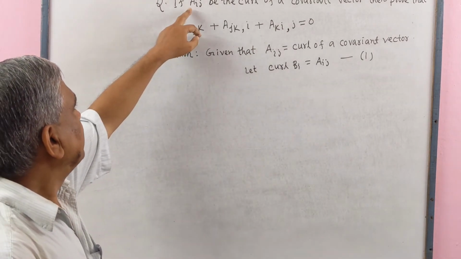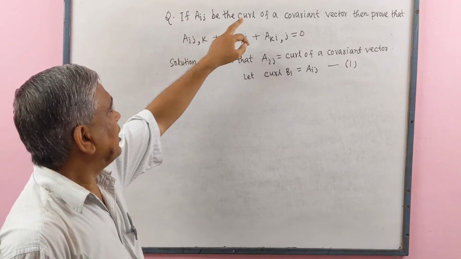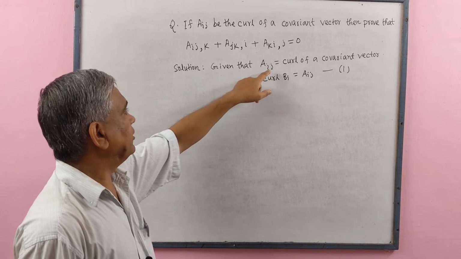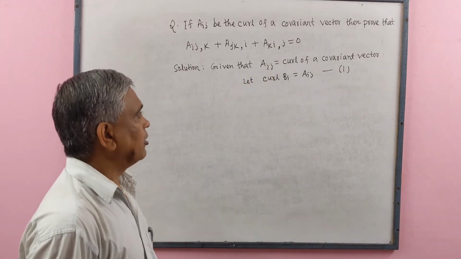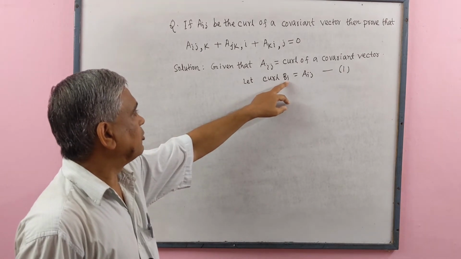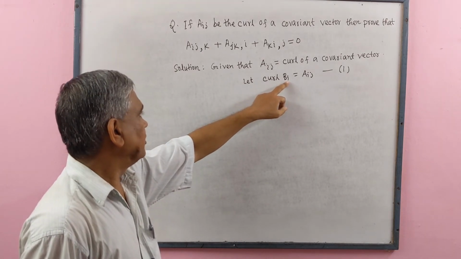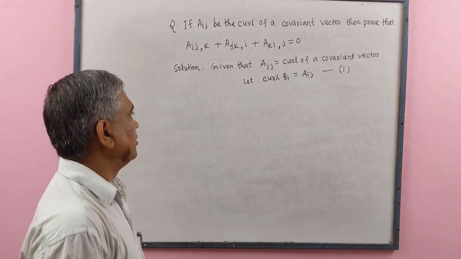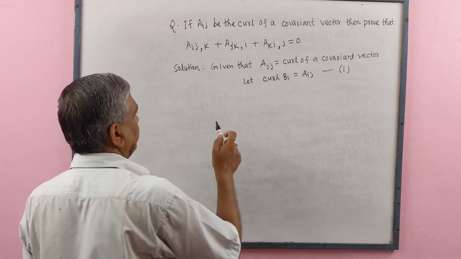Since it is given that Aij is the curl of a covariant vector, we write Aij equal to curl of a covariant vector. Let Bi be a covariant vector, then curl Bi equals Aij. This is equation number 1.